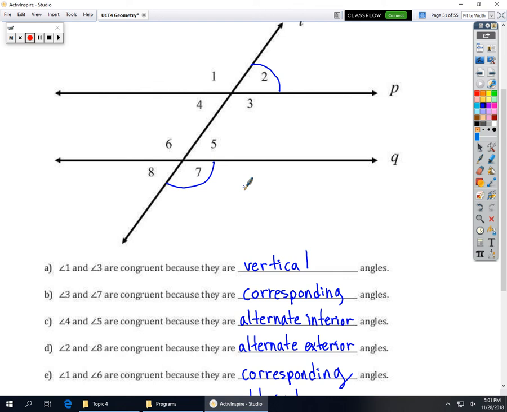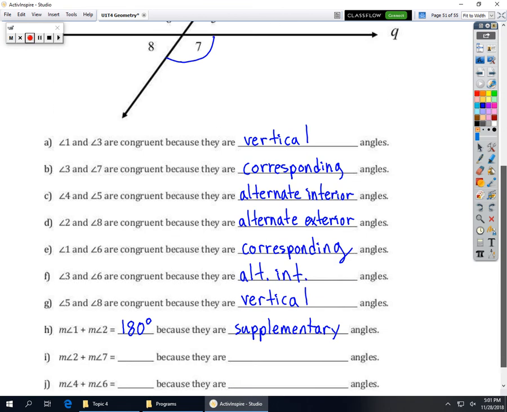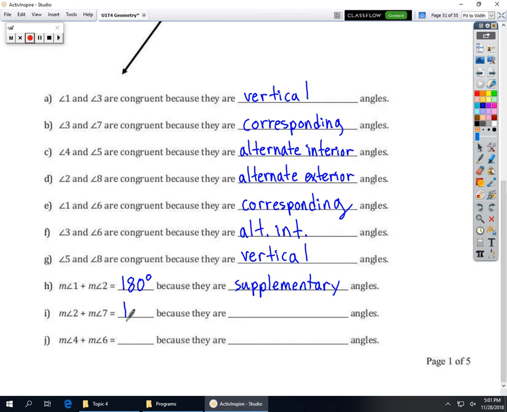We call this same side exterior because they're on the outside, like I could pull it up, and they're on the same side of the transversal. So they're 180, same side exterior. I ran out of space. EXT, you know what that means.